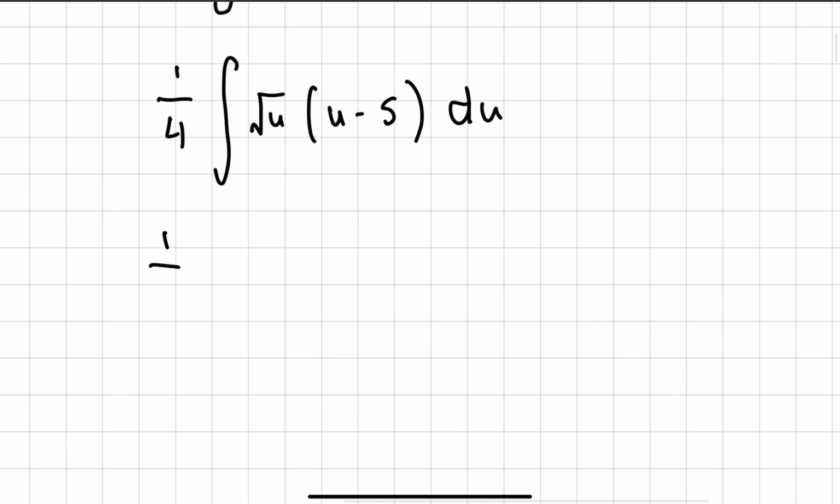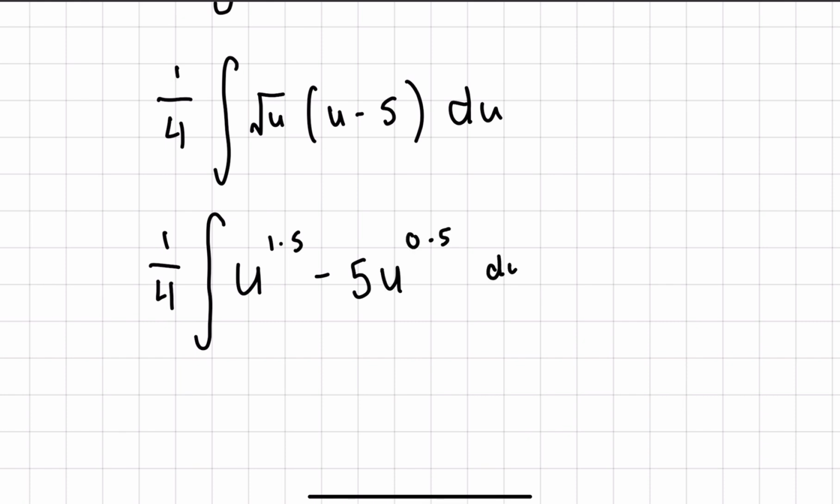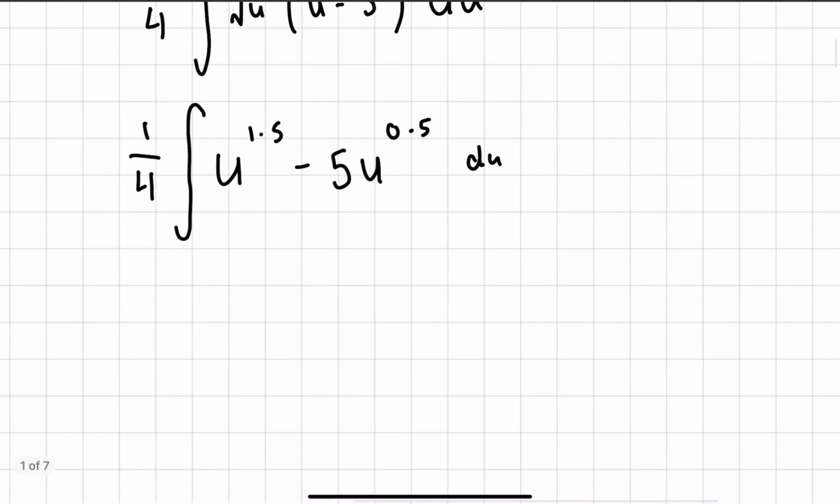Let's get these into fractional form. So U to the half times U, that's going to give us U to the 3 over 2, or 1.5, minus 5U to the 0.5, du. And now we're going to integrate it. So we're going to get the quarter on the outside still. U to the 1.5, we're going to plus 1 and then divide by it.